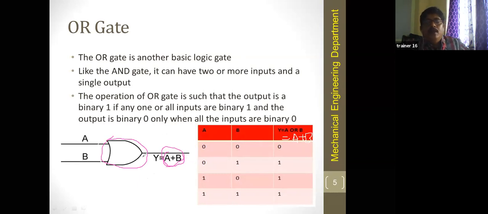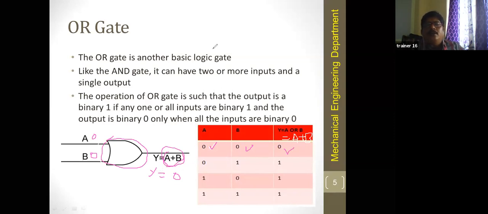And see here, if the input A is 0 and B is 0, then the output Y is equal to 0 plus 0, which is nothing but 0, right?